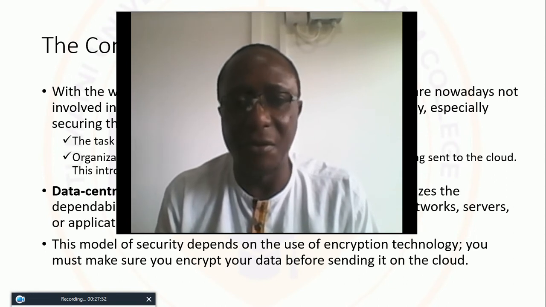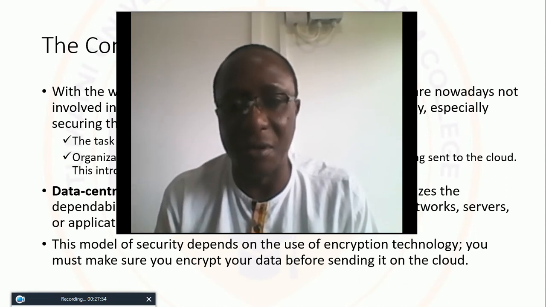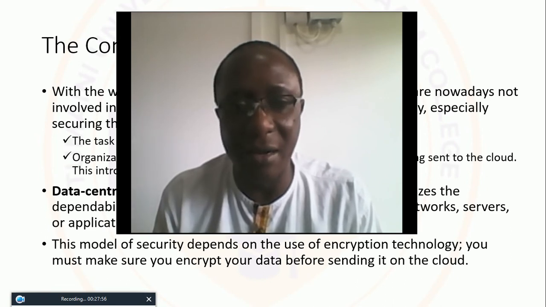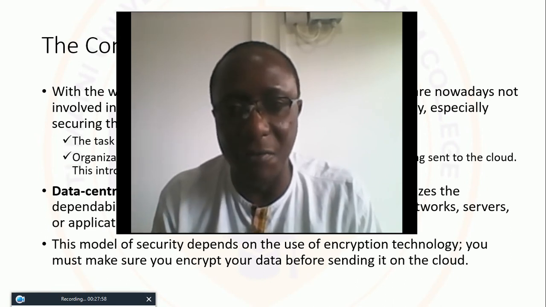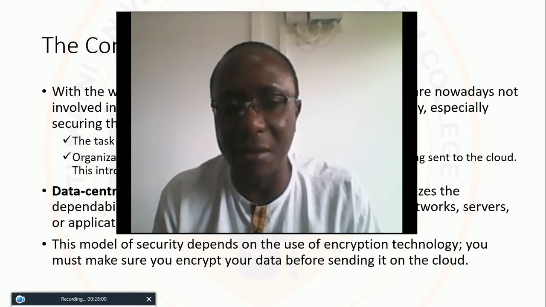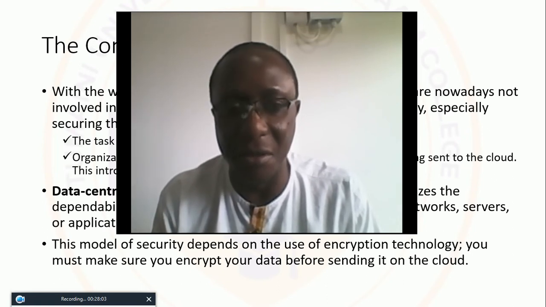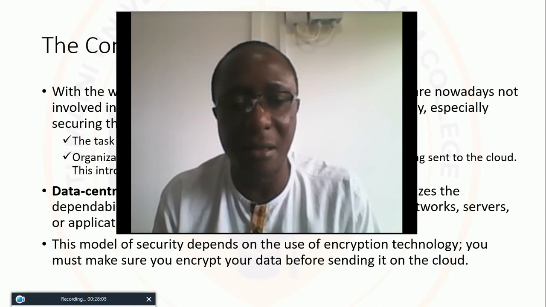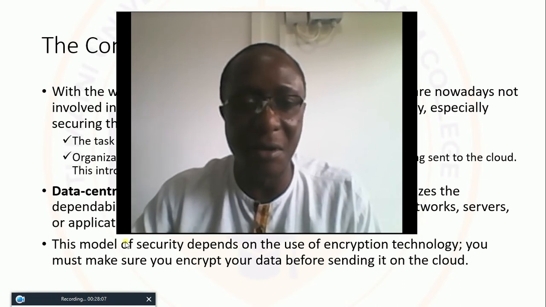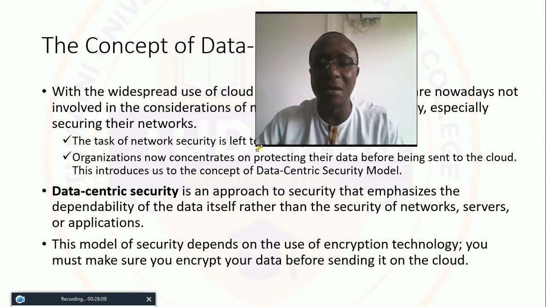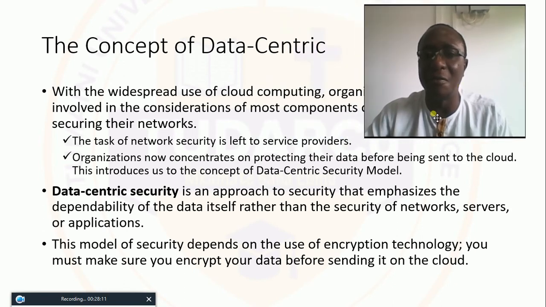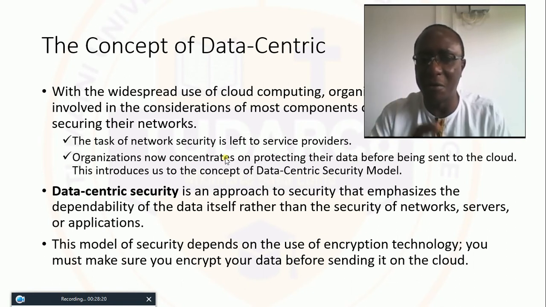Then all your data should stay encrypted in the Google Drive. Same for all other cloud technologies. That is data-centric. It is very important to make sure you protect your information before it is sent to the cloud. Encrypt it. As you can see now, encryption is a very important control when it comes to information security.